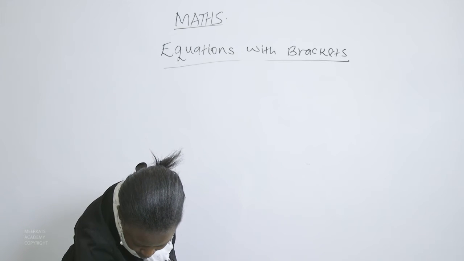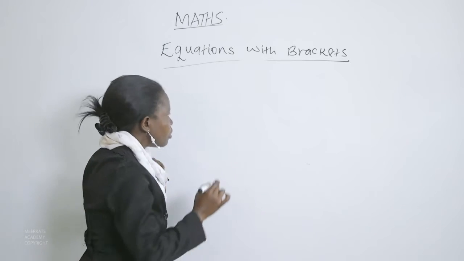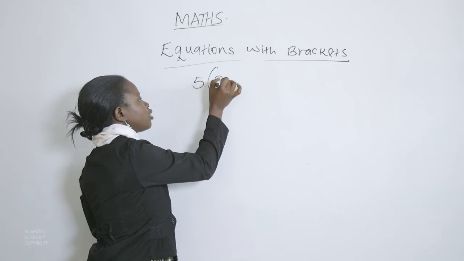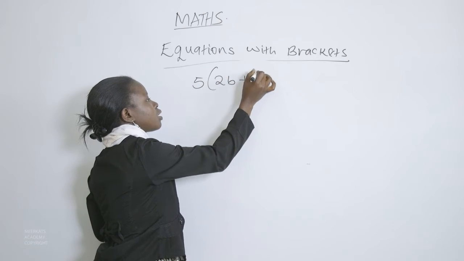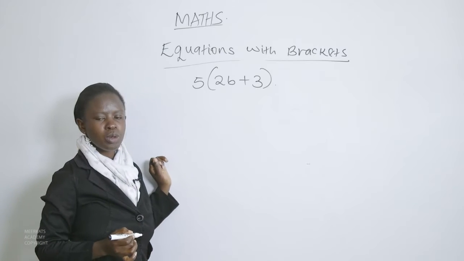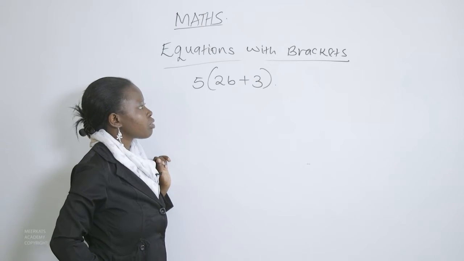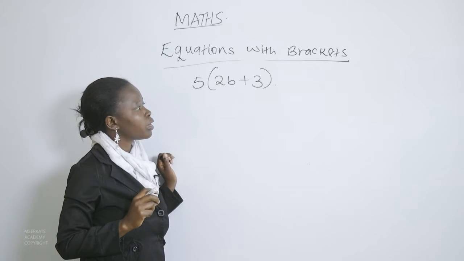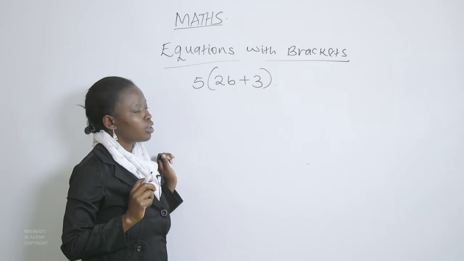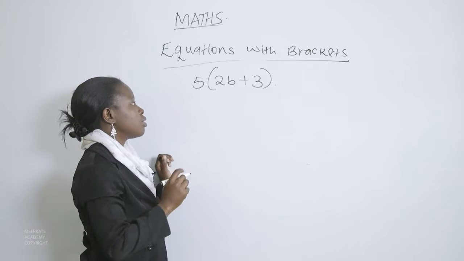Another example could be 5 into 2b plus 3. We need to expand the given expression. The number outside the bracket multiplies each and every content inside the bracket.